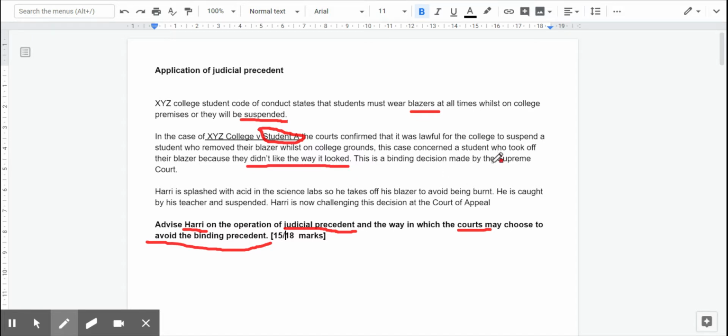This is a binding decision made by the Supreme Court. Harry is splashed with acid in the science labs and takes his blazer off to avoid being hurt. He's caught by his teacher and suspended. It's a bit harsh. Harry is now challenging his decision at the Court of Appeal.